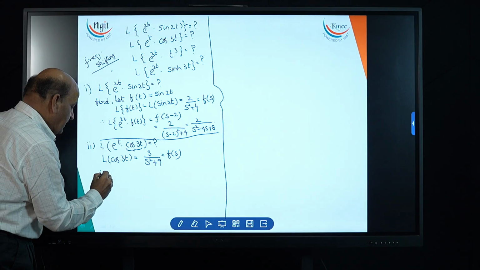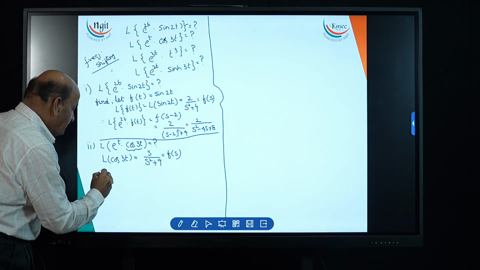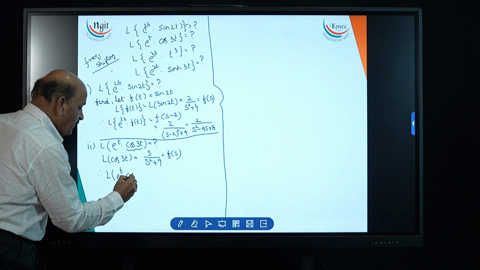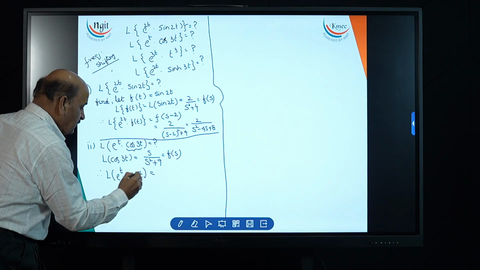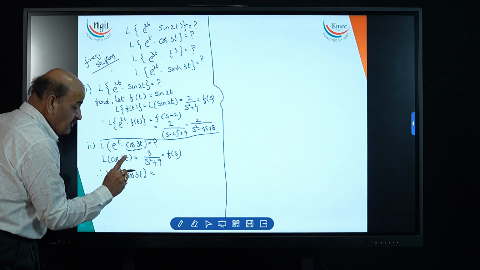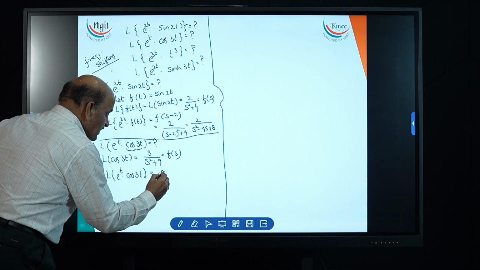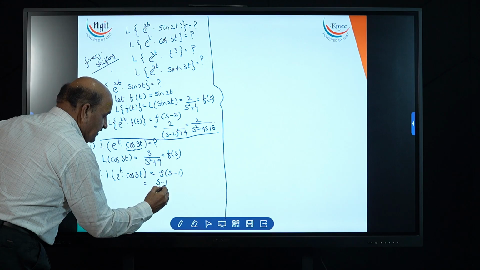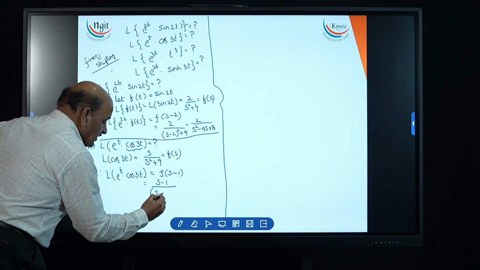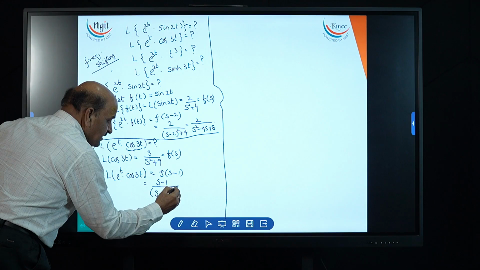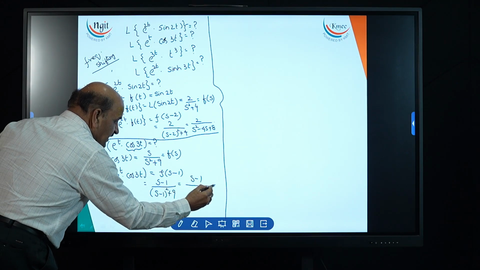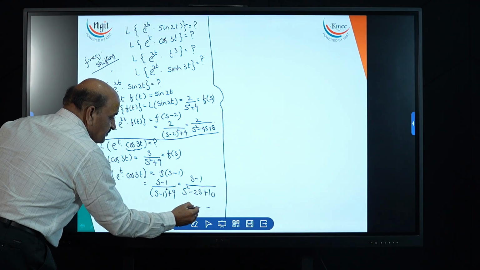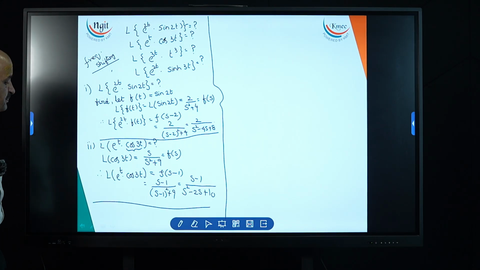Now, by the frequency shifting property, multiplying by an exponential signal e power 1 into t, that means a equals 1. That is f of s minus a, which is s minus 1 by (s minus 1) whole square plus 9. This is equal to s minus 1 by s square minus 2s plus 10. This is the output of this problem.